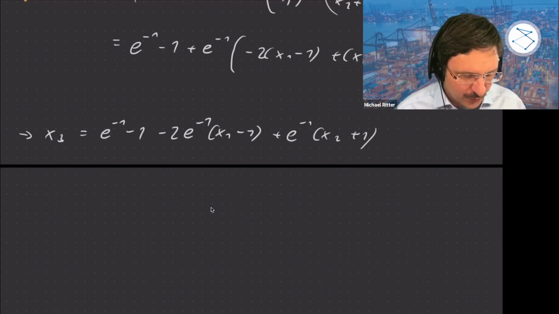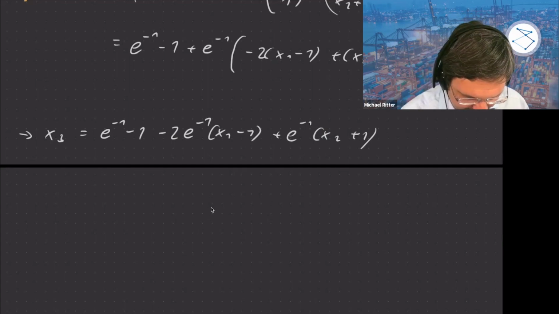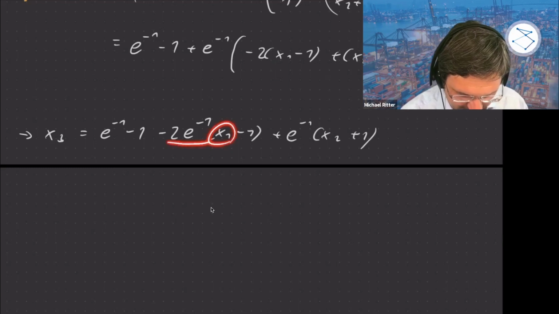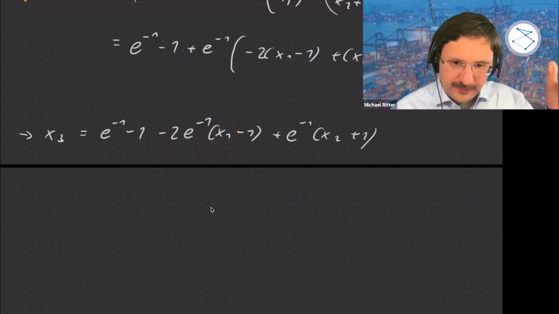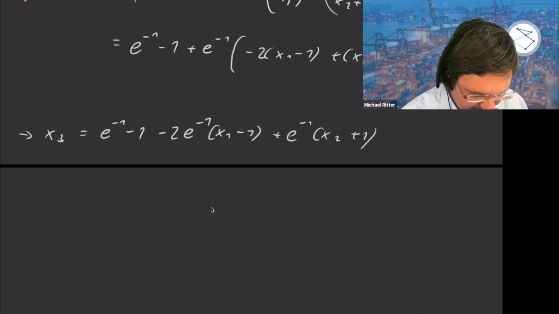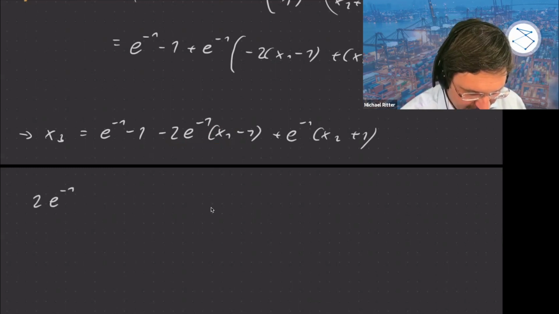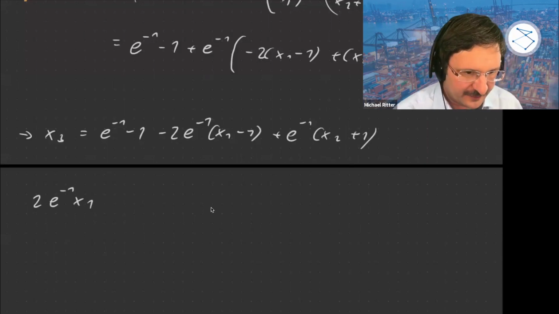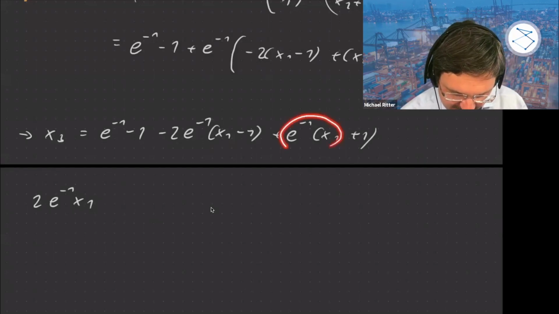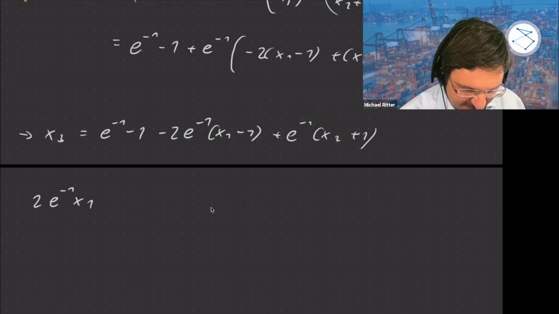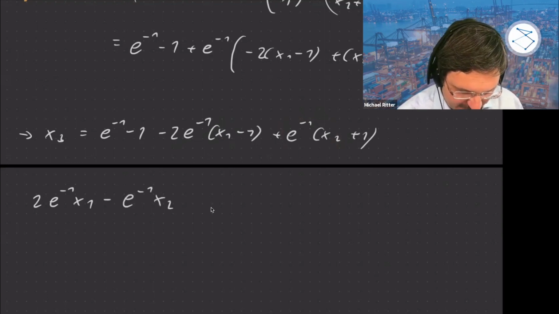So the x1s we have are here with this factor. And if we take that to the left, we get a 2 e to the minus 1 x1. Then we have for the x2s, it's only this factor here. And again, taking that to the left yields minus e to the minus 1 x2.